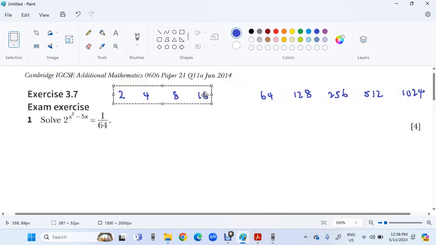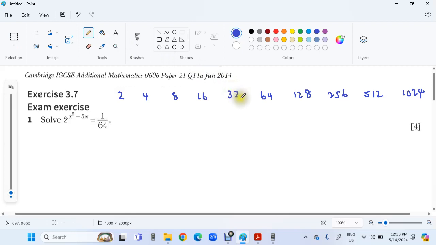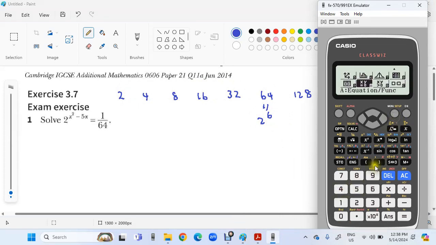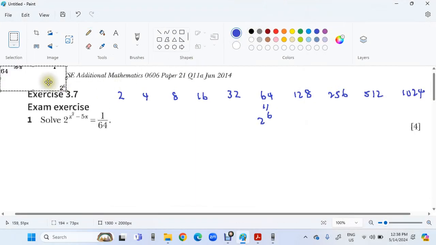When you look at this number in the exam, in a question, you know that it comes from the family of 2. Because this is 2 power 1, 2 power 2, 2 power 3, 2 power 4, 2 power 5, 2 power 6. So 64 is equal to 2 power 6.